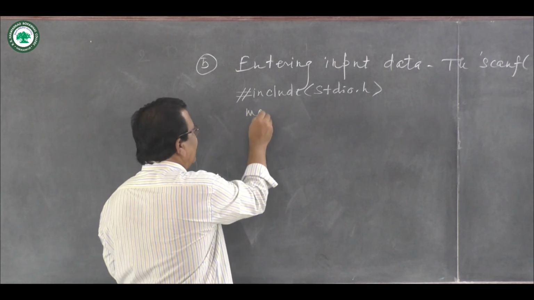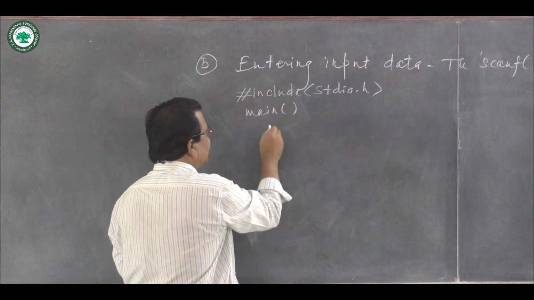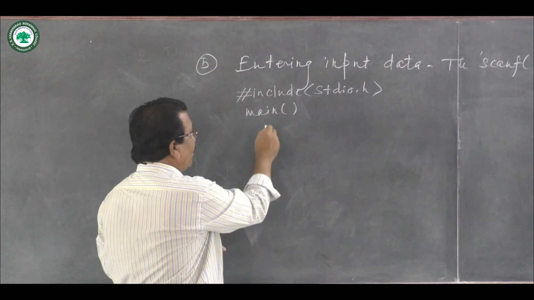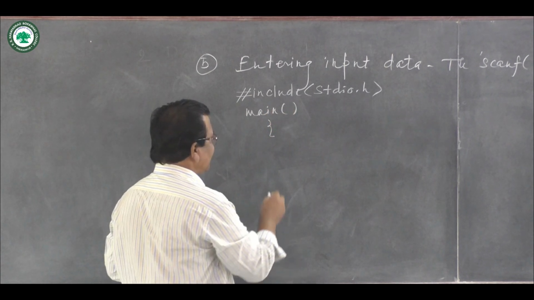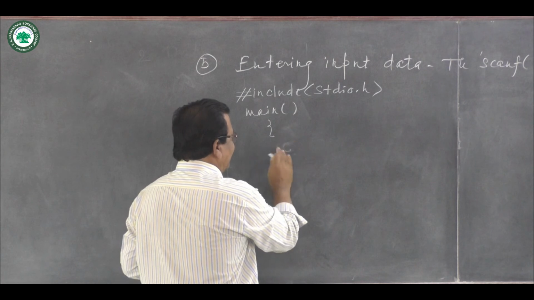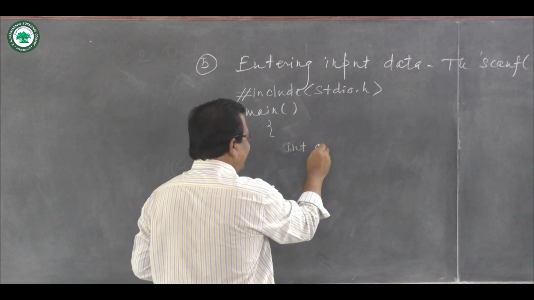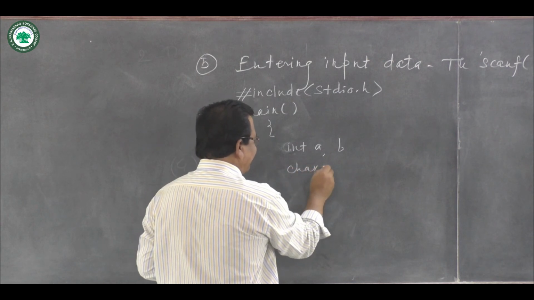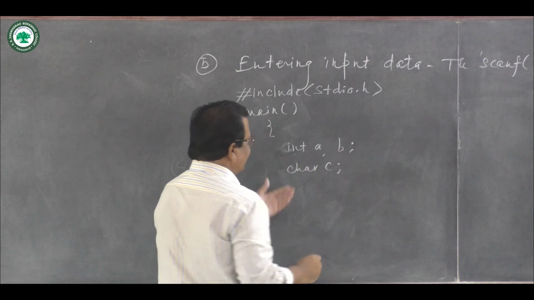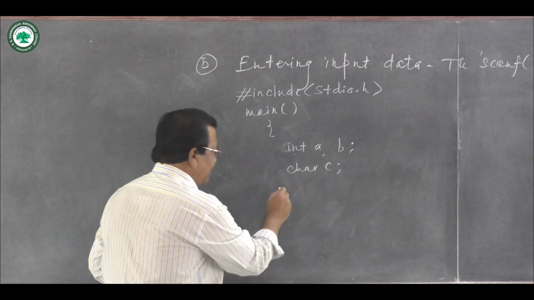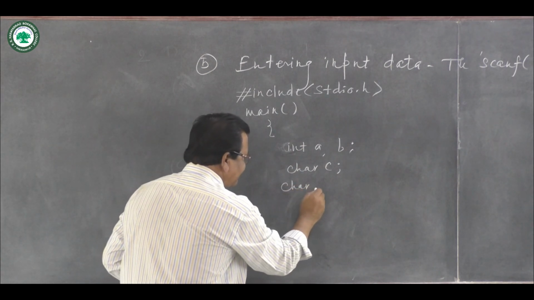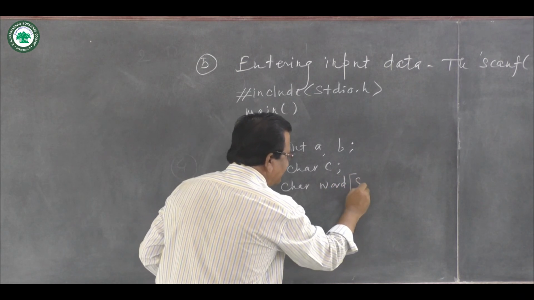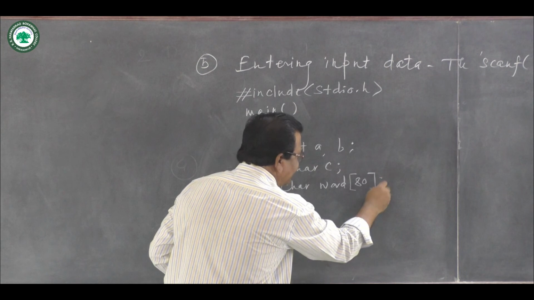Then the main function starts, not followed by a semicolon. The body of main starts from here. I am declaring integers a, b, then character c, semicolon. These are all statements. And then character word, which I am going to declare as an 80 element character array, semicolon.